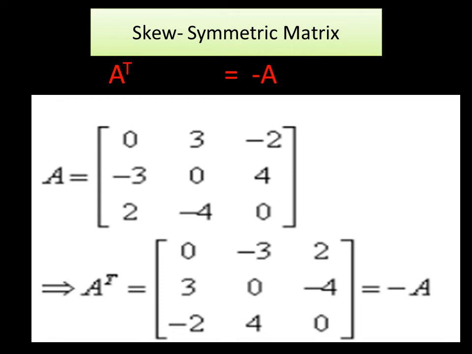When we take the transpose of matrix A by changing the positions of rows and columns, we will get the same values as in matrix A, but in the transpose of matrix A, signs are changed. That's why we can call this matrix equal to the negative of matrix A. This type of matrix is called a skew symmetric matrix.